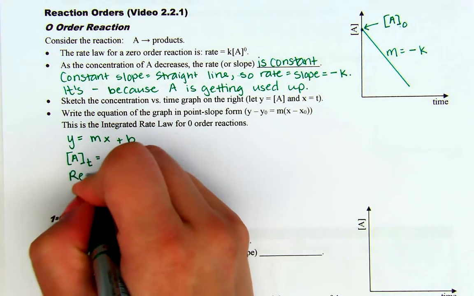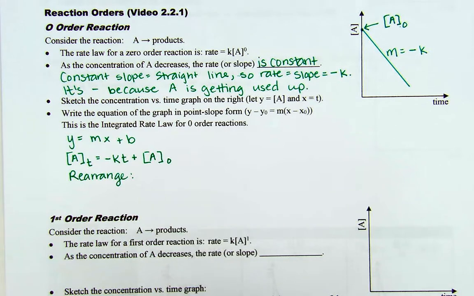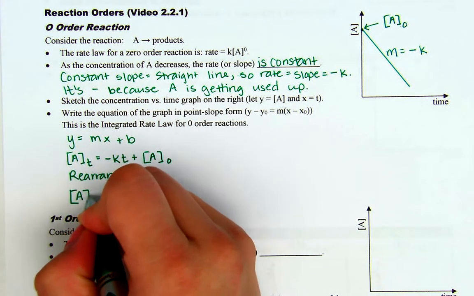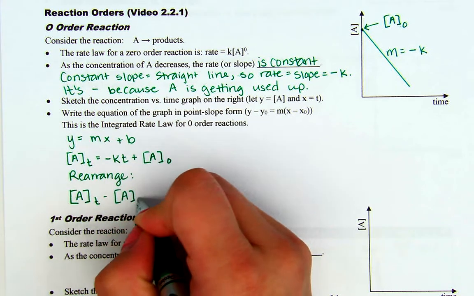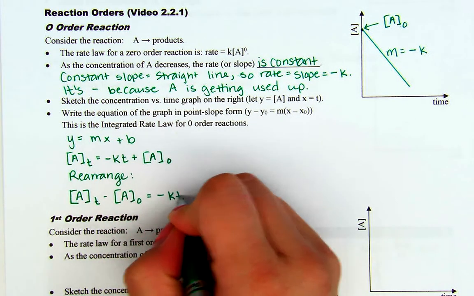If we rearrange this, we would get the concentration of A at time t minus the concentration of A at time 0, or the initial concentration, is equal to negative kt.